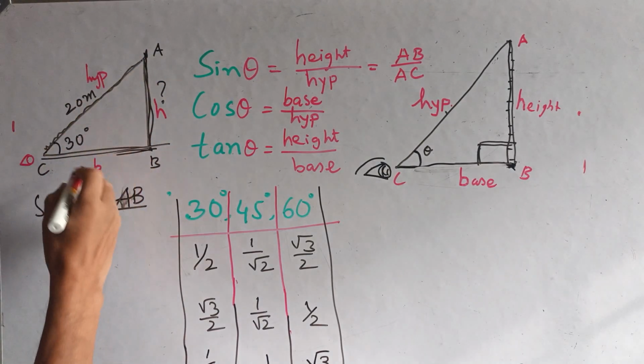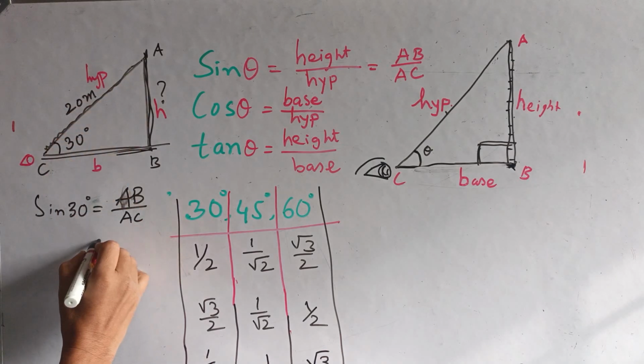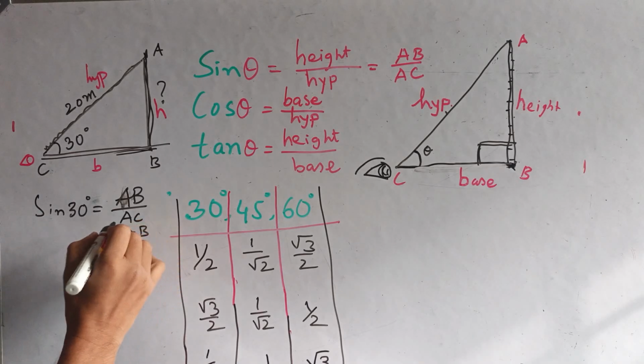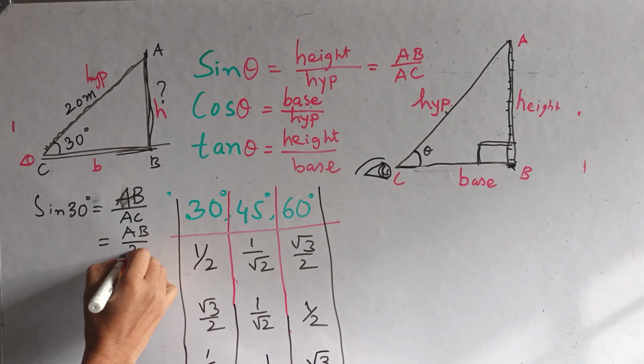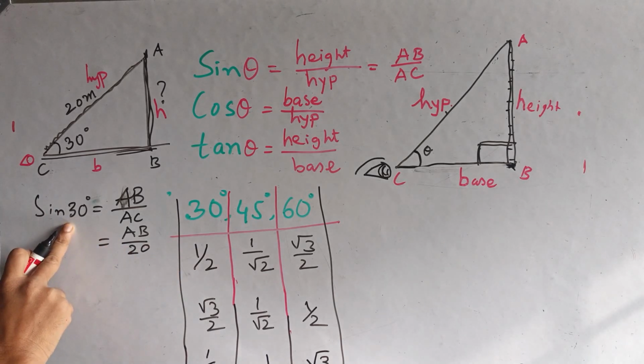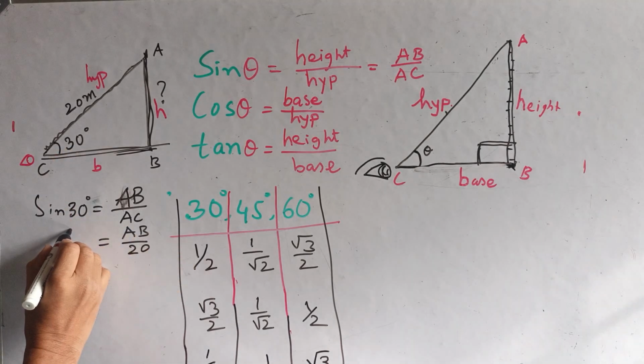So sine 30 is AB by AC. AC is given as 20 meters, and AB we keep as it is. The left side is sine 30. What is the value of sine 30? Sine 30 value is 1 by 2.